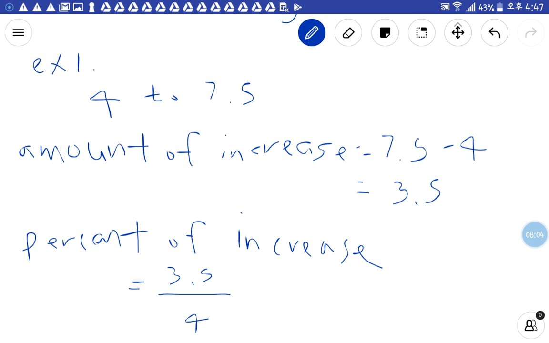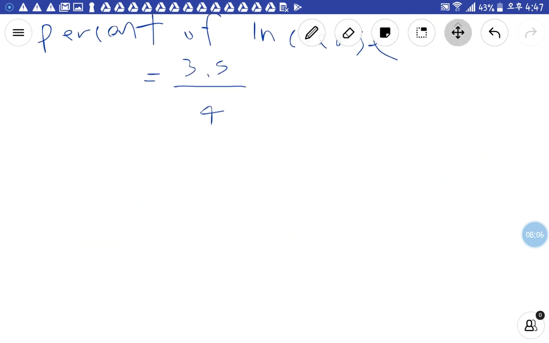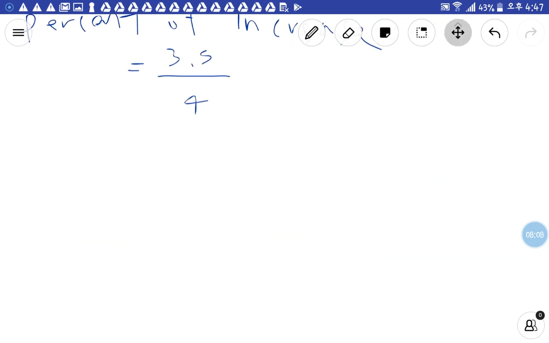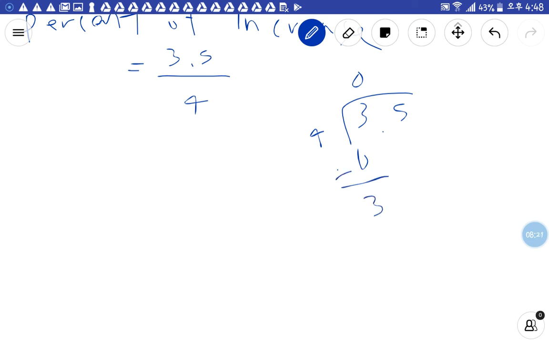Okay? So now I'm going to change my 3.5 over 4 into a decimal. So 3.5 divided by 4. How many 4 can go into 3? None of it. My remainder is 3. Put decimal point, bring 5 down to make a 35. How many 4 can go into 35? 8 times, which is 32.